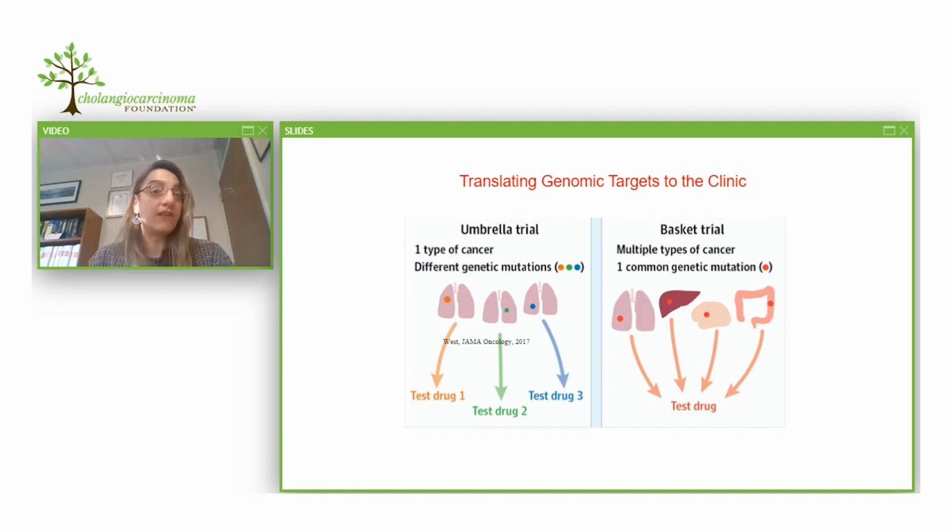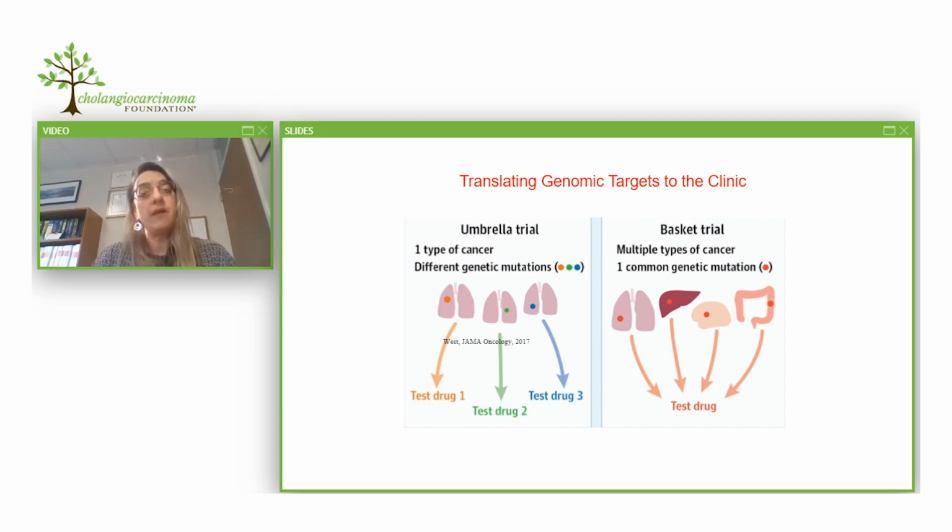These kinds of clinical trials actually require organized efforts. However, cholangiocarcinoma being rare, it's actually hard to do trials that are referred to, for example, as umbrella trials, where you test a certain tumor type, such as cholangiocarcinoma, and give different treatments based on molecular alterations.